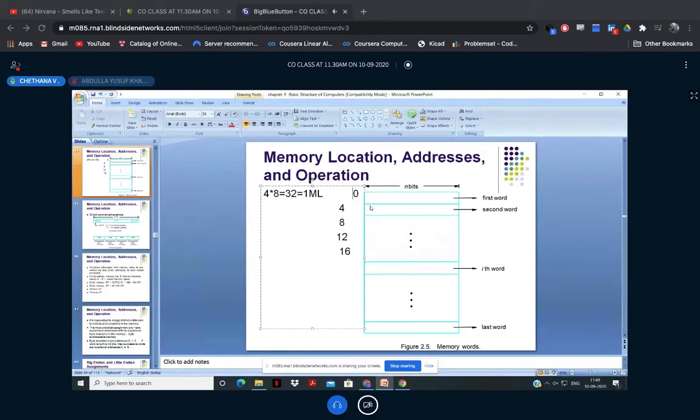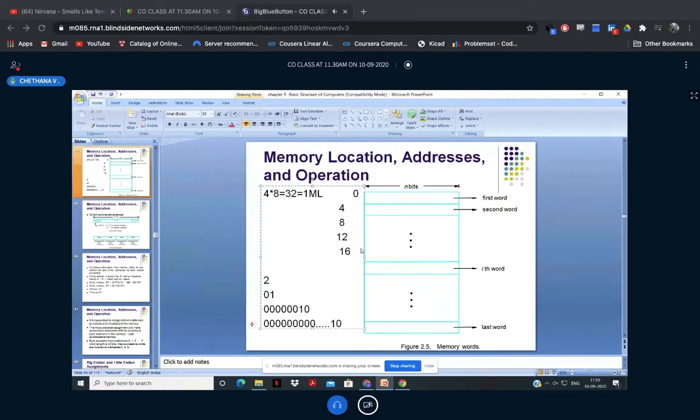My question to you is, suppose it is 4 bytes, and suppose your number is 2. In binary, it's 1, 0. If it is in 1 byte, it means 0, 0, 0, 0, 0, 0, 1, 0. Suppose it is totally 4 bytes, then the first 30 bits will be 0, 0, 0, 0, 0 only, like that dot dot dot, and the last 2 bits will be 1, 0.